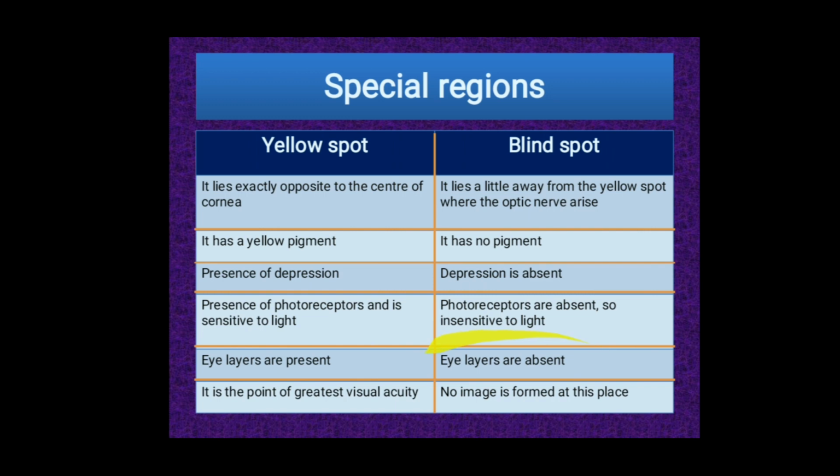Here the eye layers are also absent. So when you draw the figure, please keep in mind you should not draw any layers in this region, and no image will be formed at this place. So the yellow spot is the region where the maximum vision is possible, whereas the blind spot is the region where no vision is possible.